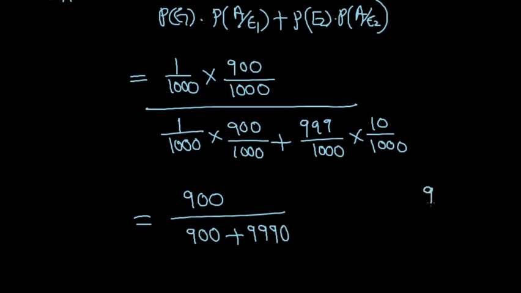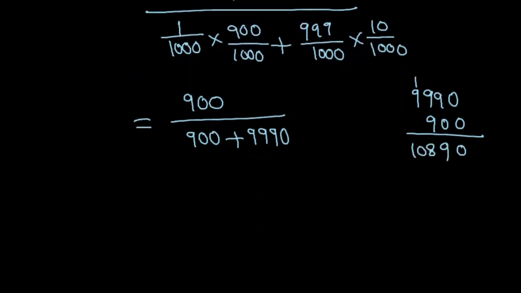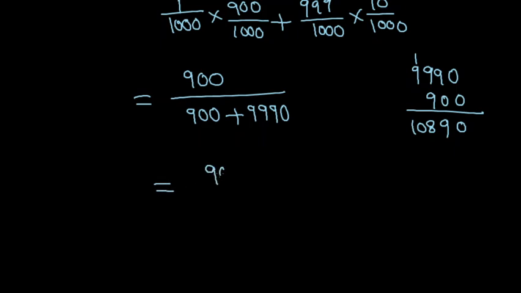If I add this up, 900 plus 9990 gives 10890. So it is 900 over 10890.